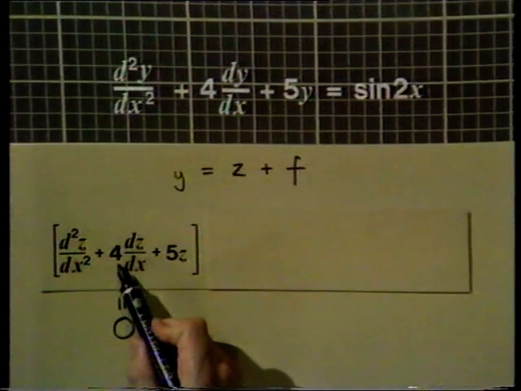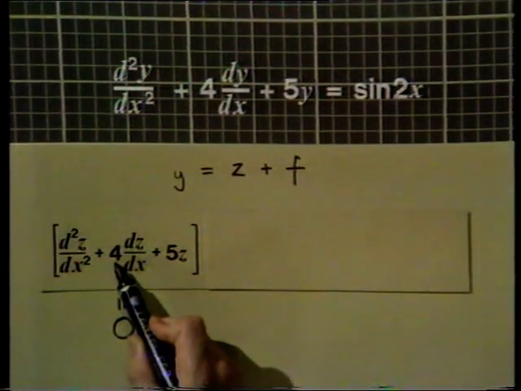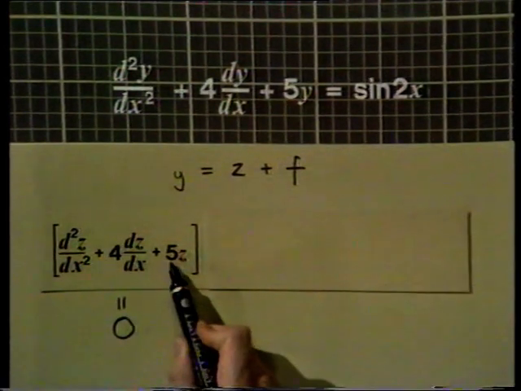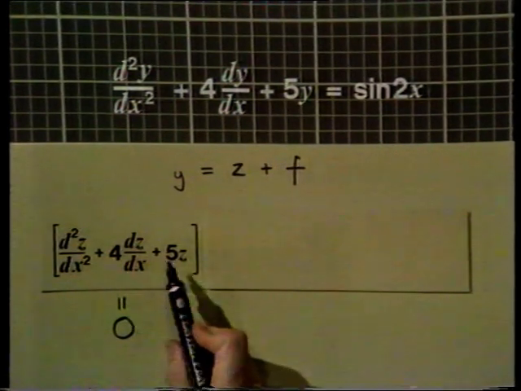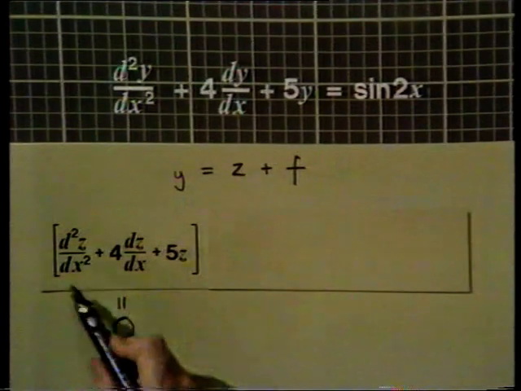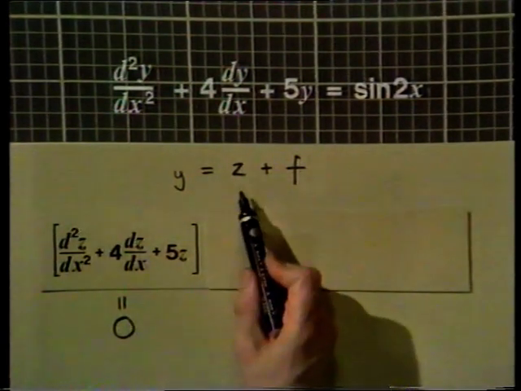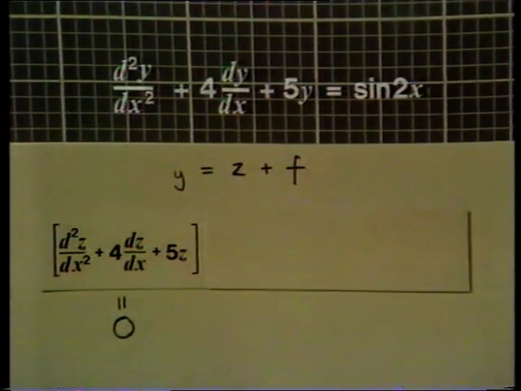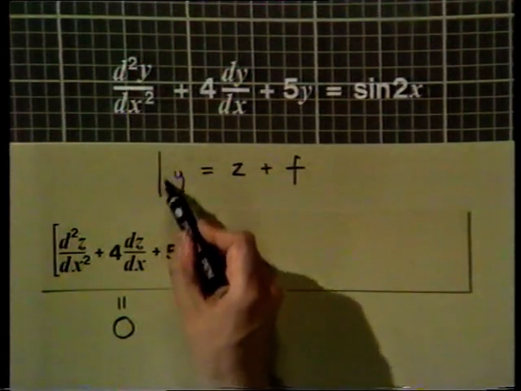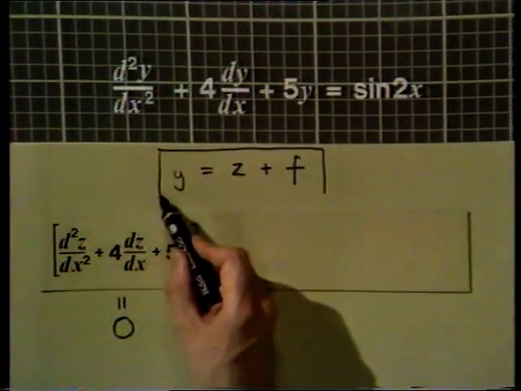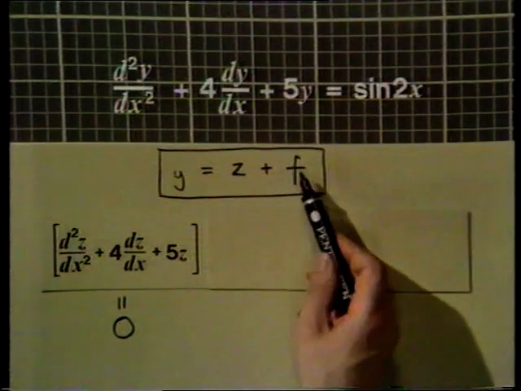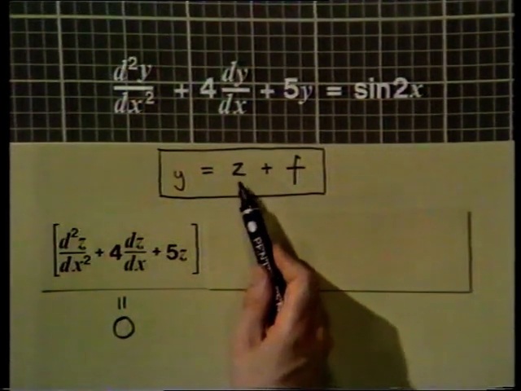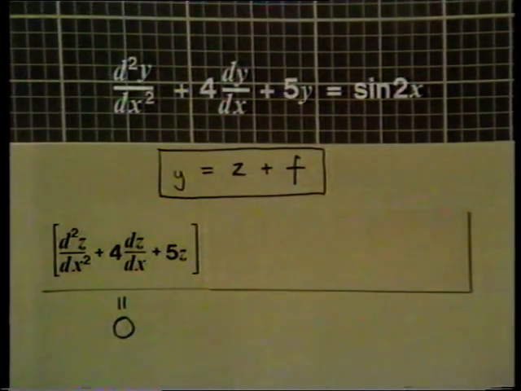Actually, in this case, alpha is equal to 2 and omega is equal to the root of 5. So alpha is less than omega, and the solution I want is a sinusoid times an exponential. And that's actually the general solution to the equation. It's always of the form a sinusoid plus a sinusoid times an exponential.